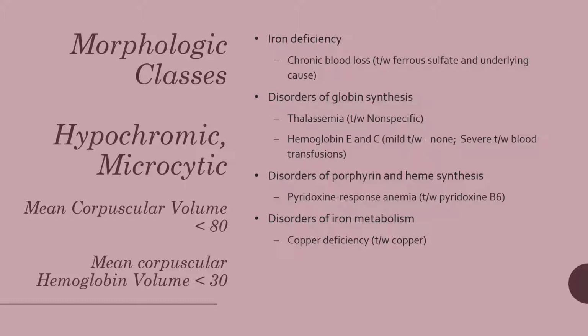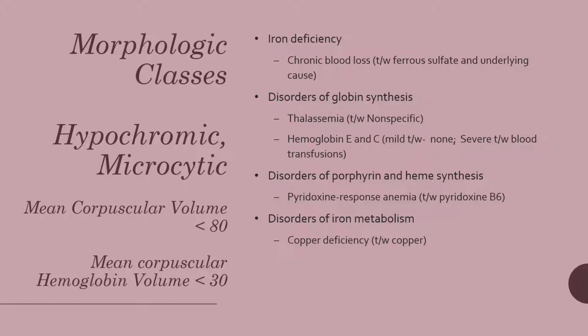And is this the reason that we are seeing this condition? The treatment for this is going to be to give supplements of iron in its ferrous sulfate form, and then look for the underlying cause and correcting the underlying cause.